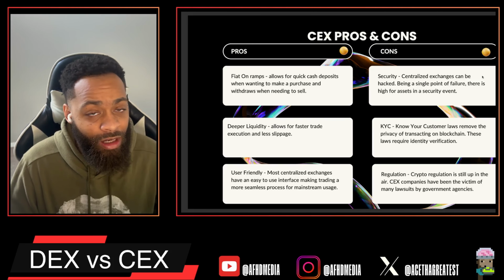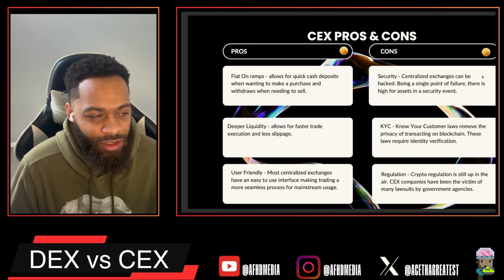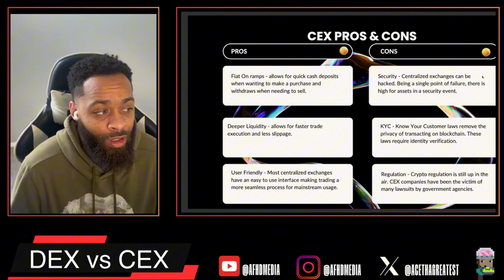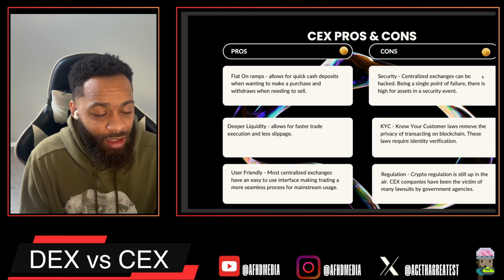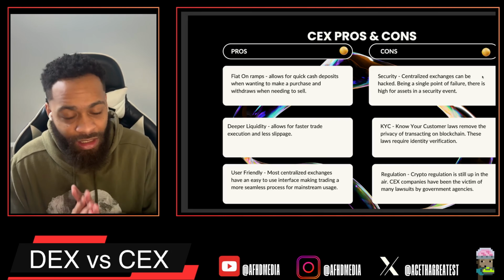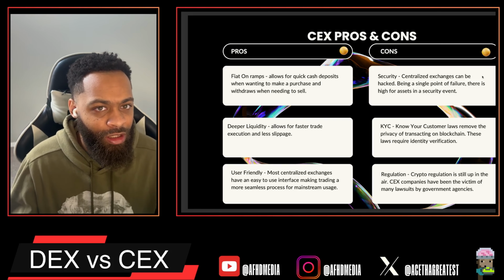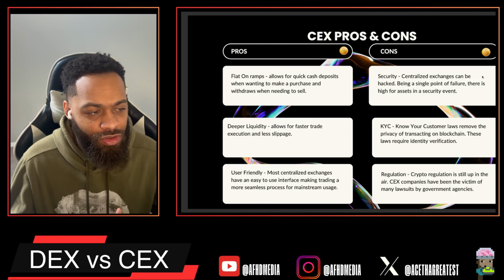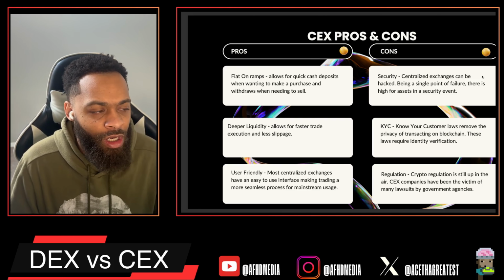But fiat on-ramps, man, and off-ramps at that, which basically allow for quick cash deposits when wanting to make a purchase and wanting to withdraw for when needing to sell. So being able to move cash from a bank account to your centralized exchange account very seamlessly is a killer feature. It's very basic, but it's really cool. And it really helps you get access to the assets that you are wanting to purchase or convert dollars into very quickly. Decentralized exchanges, that's one of the faults that I'd have to point out.